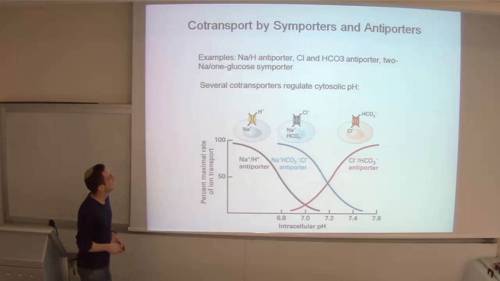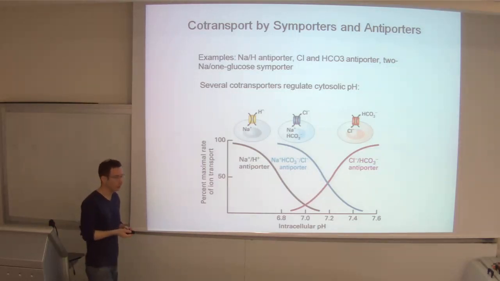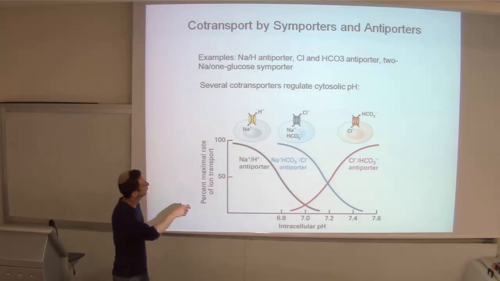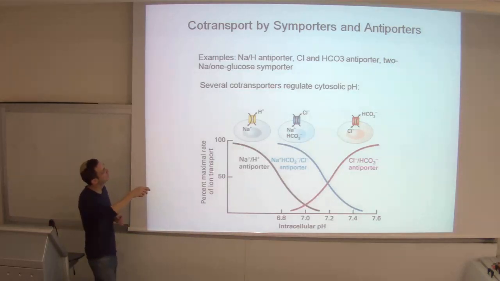Let's just see an example of a few of these proteins. So in the cells we find the sodium-potassium pump, sodium-hydrogen antiporter, chloride-bicarbonate antiporter (HCO3), and the 2 sodium, 1 glucose symporter, so delivery of glucose into the cells is also based on a transporter.